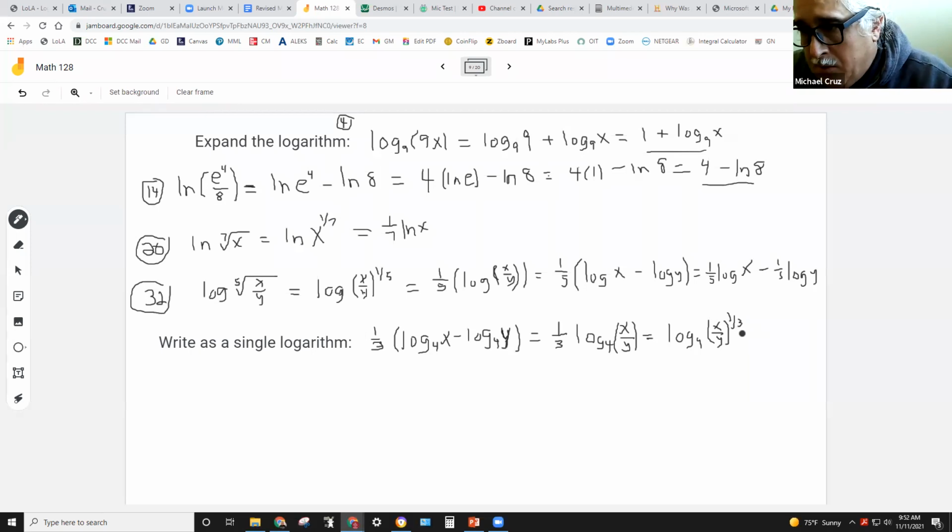And then we can change it one more time back to a radical. And this is the cube root.